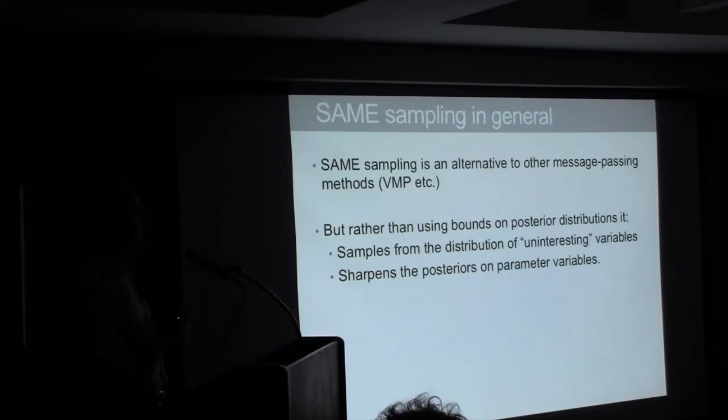We're trying to apply this to other domains. We like the fact that it's able to integrate away uninteresting variables, kind of like an EM algorithm, but it also sharpens the posterior. It still has some of the qualities of Gibbs sampling. You can run the sampler at different temperatures by taking different numbers of samples in each iteration.